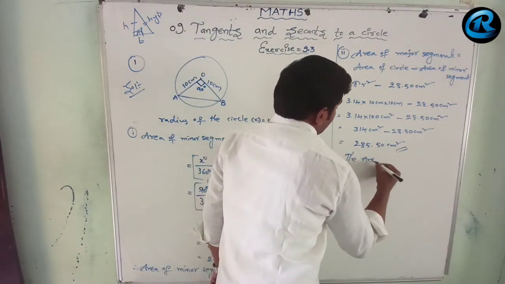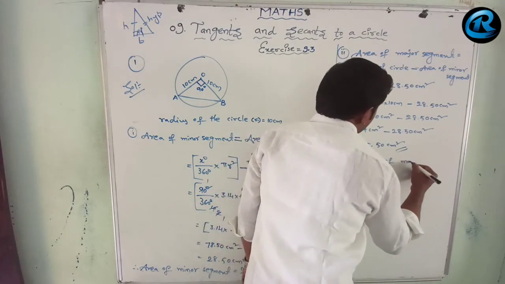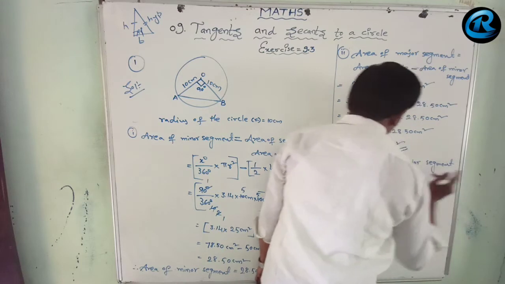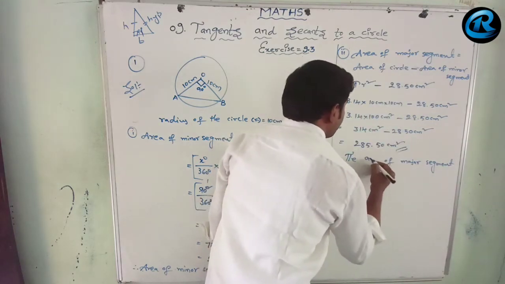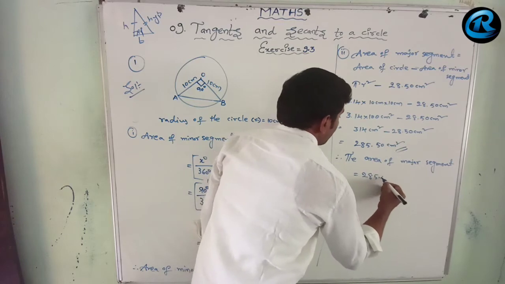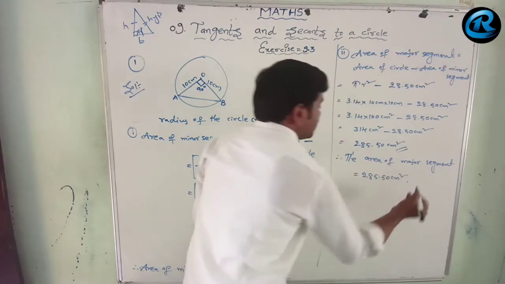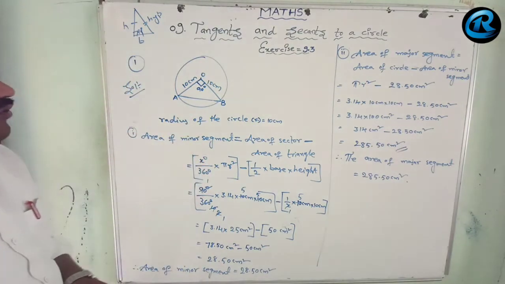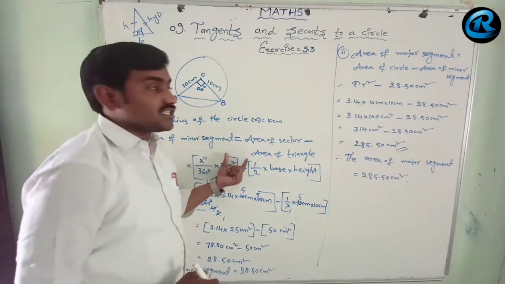Therefore, the area of major segment is equal to 285.50 centimeter square.